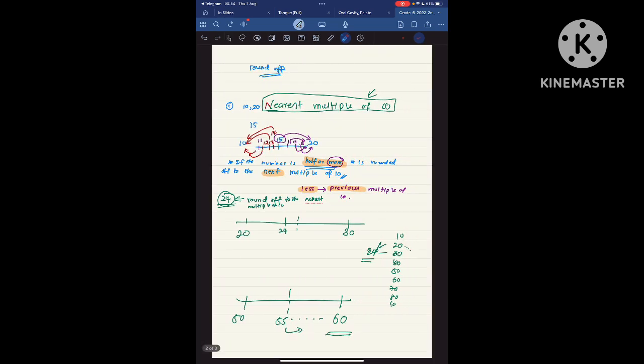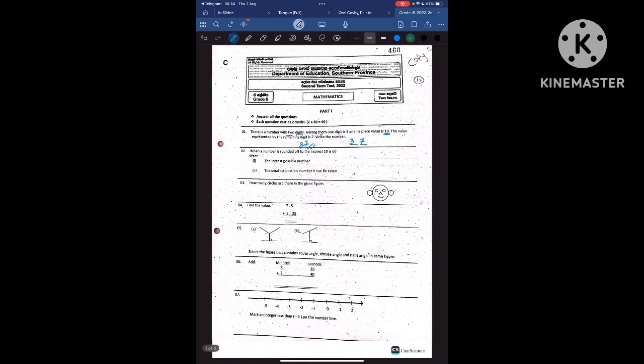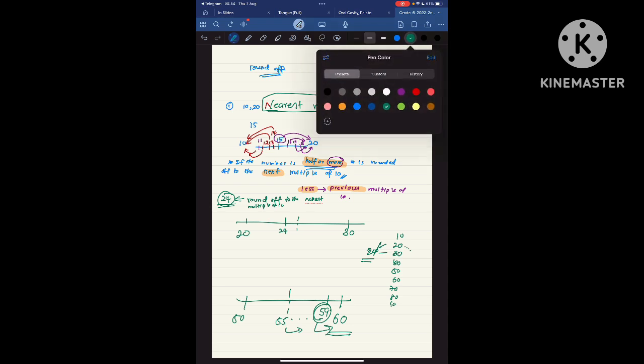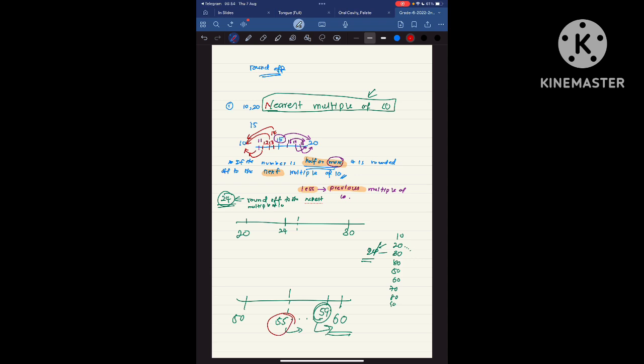The largest possible number is 59, because when we round 59 off, it is 60 only. The smallest possible number, it can be taken, is 55. Because what does our theory say?